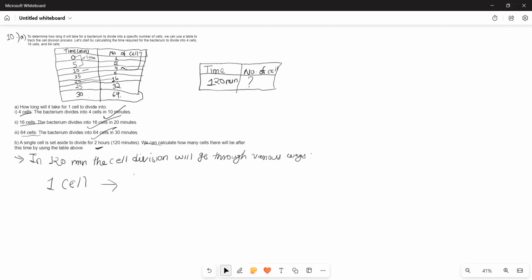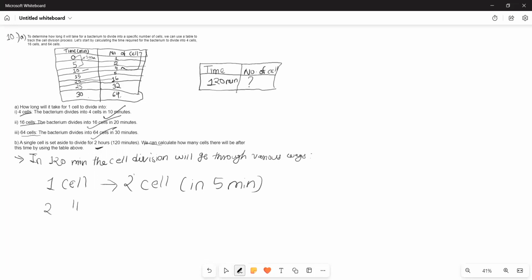Look at the table. Right, Babu. From one cell, two cells are formed in 5 minutes. One cell becomes two cells.